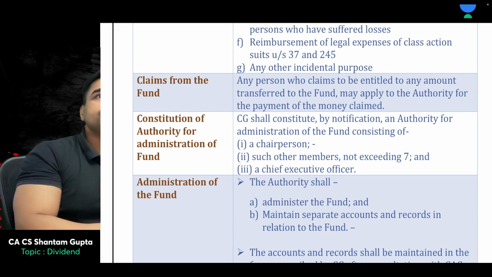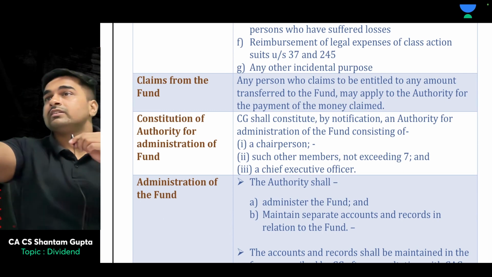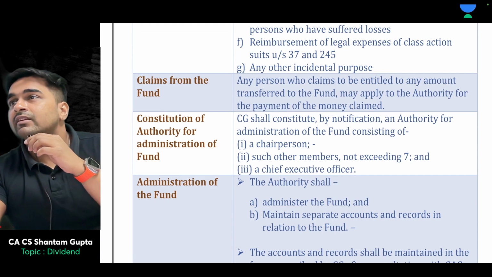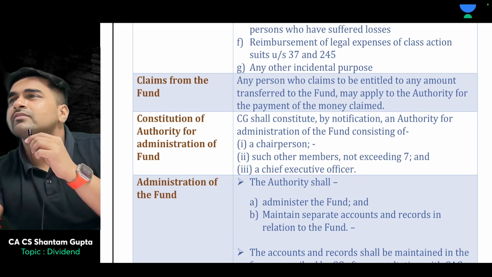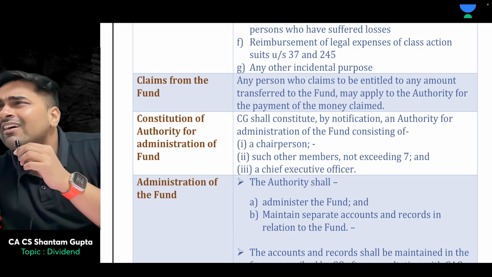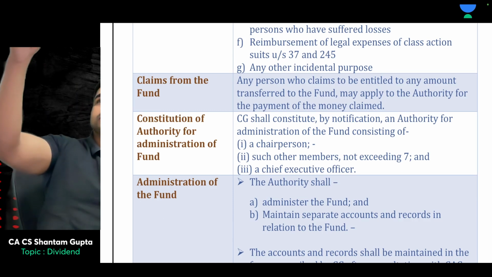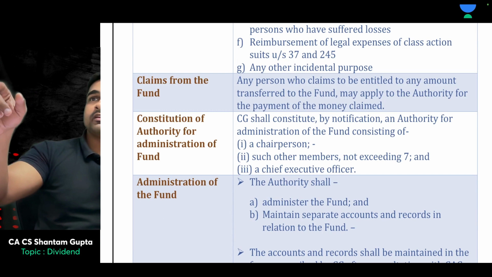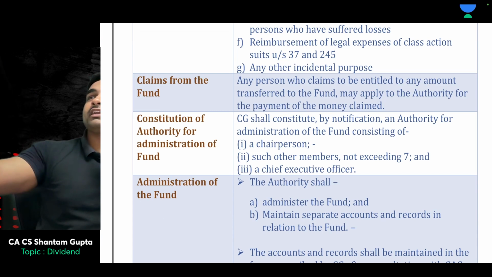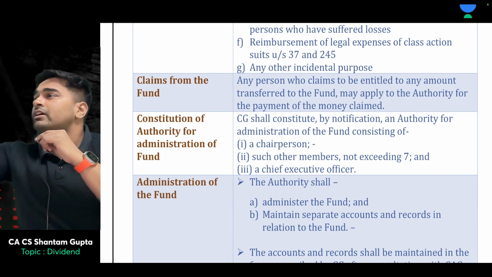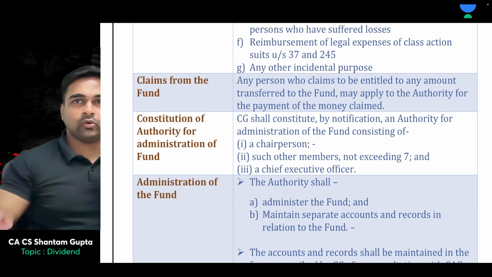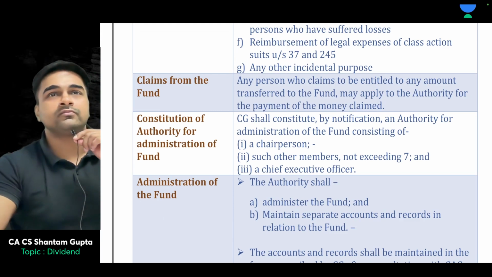Section number of NFRA? I just forgot. 132. Pratiksha, section number of NFRA. Don't look in the book. Section number of NFRA. 132. Okay. What is 134?